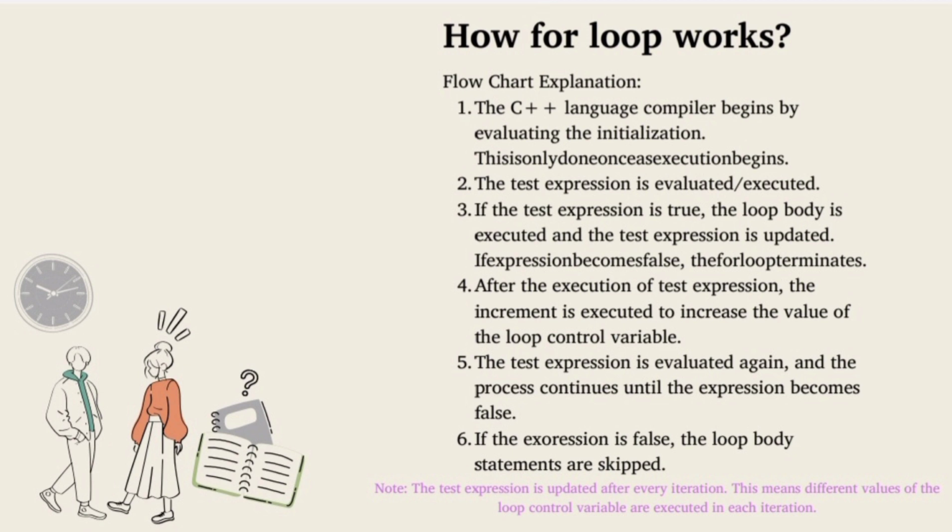And finally, if the expression is false, the loop body statements are skipped. Note: the loop control variable is updated after every iteration. This means different values of the loop control variable are used in each iteration.